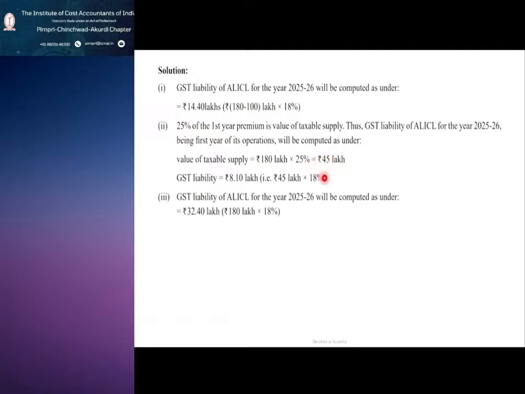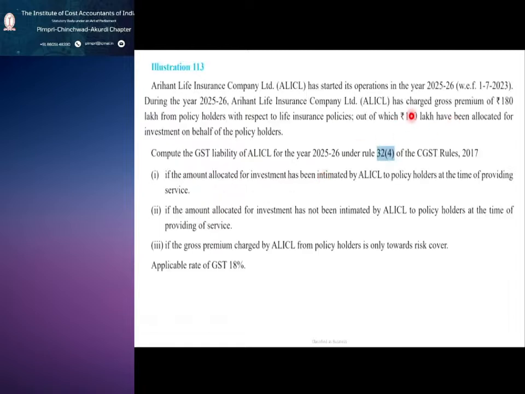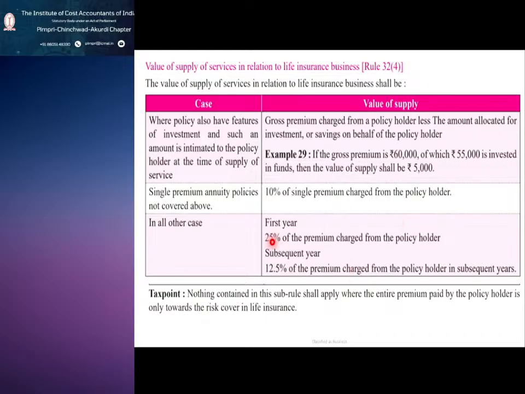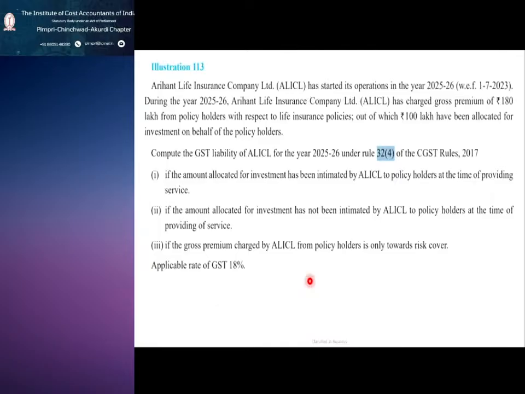On 45 lakhs, 18% GST is the tax. So the taxable value of supply is directly based on 180 lakhs, because they have not intimated. Not intimated means your gross premium of 180 lakhs into 25%. That is in the material also: for the first year, 25% of the premium charged from the policy holder, then for subsequent years it is 12.5%.